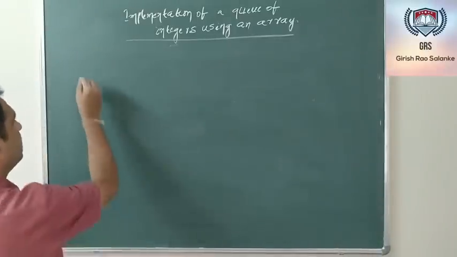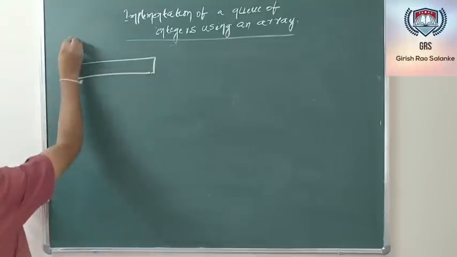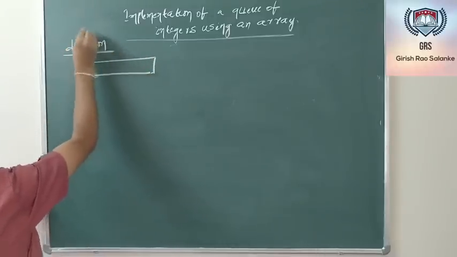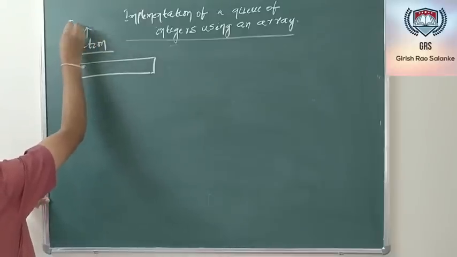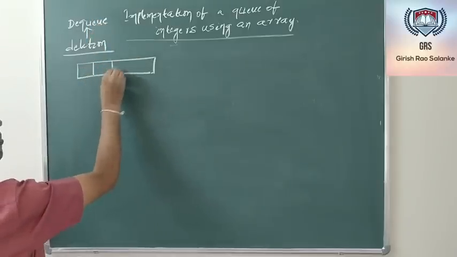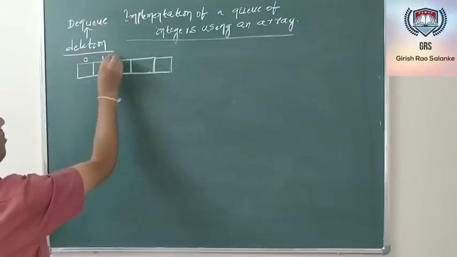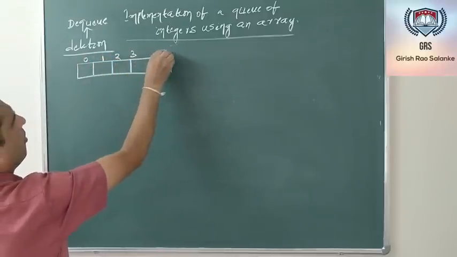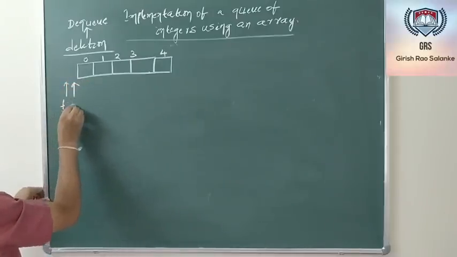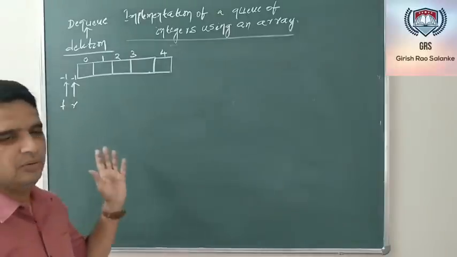Now assume that the objective is to perform the deletion operation. Deletion operation is also called as DQ. Now assume that my queue is empty.